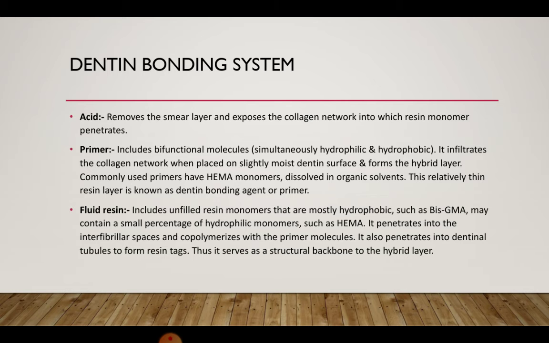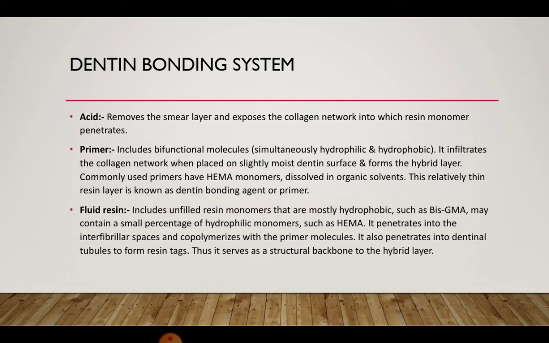Now, the primer infiltrates the collagen network when placed on slightly moist dentine surface and forms the hybrid layer. So, penetration of the primer through infiltration of the collagen network results in the formation of a hybrid layer.